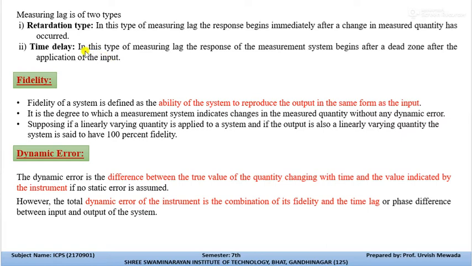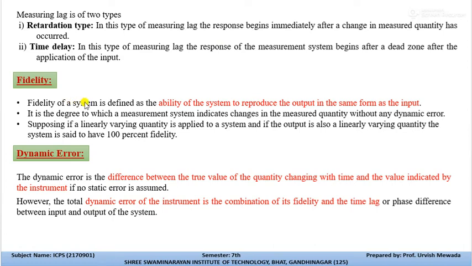That is called the time delay of that instrument. As I already explained, it should be minimum, backlash is also considered, and dead zone should be minimum. An instrument having minimum dead zone is considered for the measurement system. So these two are the types of measuring lag.